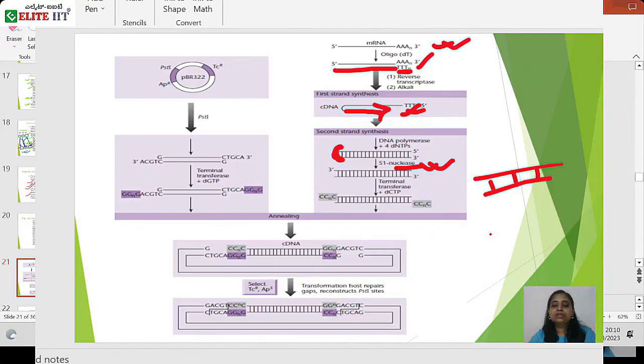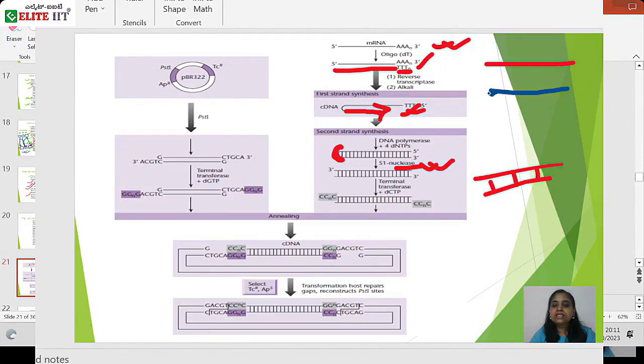Ma'am, which part is degraded by S1 nuclease? See, in this case, I'm drawing it separately so that you can understand. If you consider this is the mRNA, initially it was mRNA. Now, a new thing: you are making one cDNA, the single stranded one.